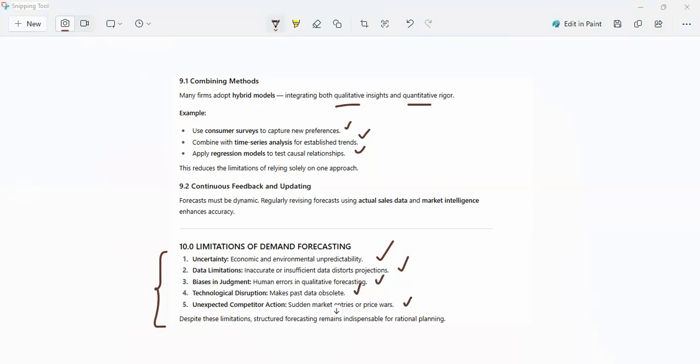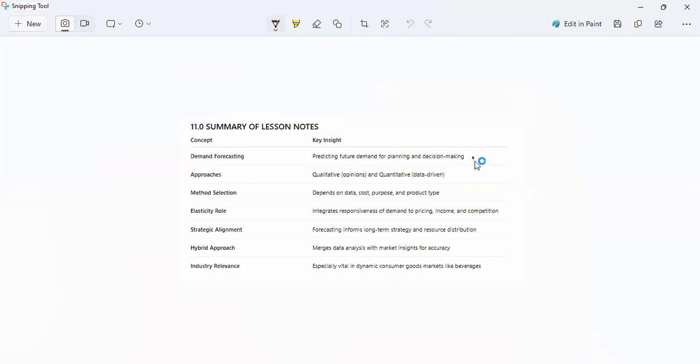So what have we said so far? We have said that demand forecasting is about predicting and planning, making decisions that will predict the future. The approaches that we looked at are qualitative, which looks at opinions, and quantitative. The method of selection depends on the availability of data, the cost, the purpose, and the product type. And also the role that elasticity makes, that it integrates the responsiveness of demand to pricing, to income, to competition.